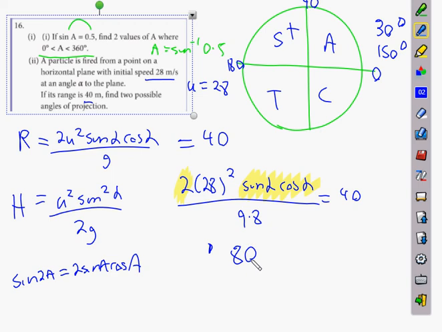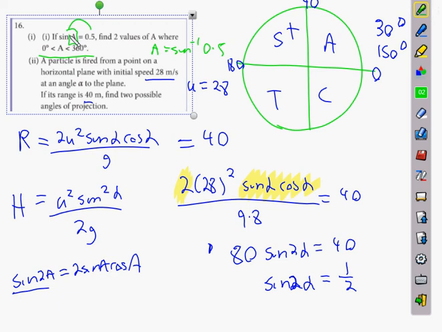So it's going to be 80 times sine 2 alpha equals 40. Now, 40 divided by 80, that's sine of 2 alpha is a half. So we get the question we already answered, don't we? Remember we answered already that sine A equals a half, yeah?